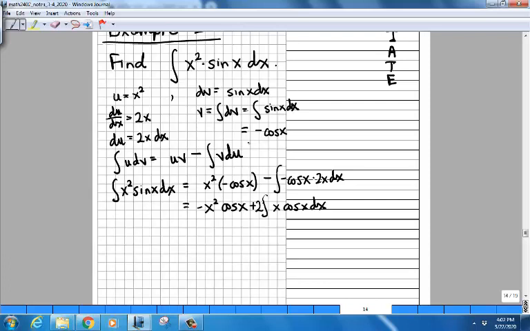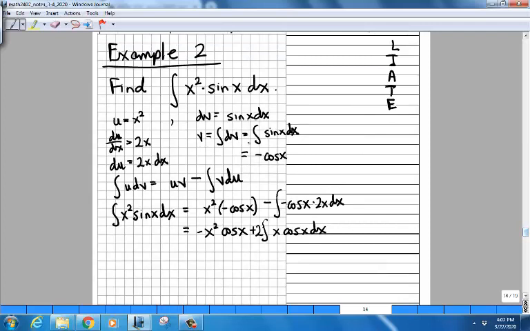So let's pick the u and the dv again. Let me use my LIATE process once more. My LIATE process says if I have a log, I'll let that be u, no log. If I have an inverse function, I'll let that be u, no inverse function. If I have an algebraic expression, I will let that be u. Oh, x, plain old x is an algebraic expression. So there we go.